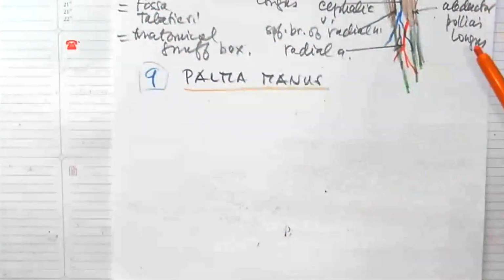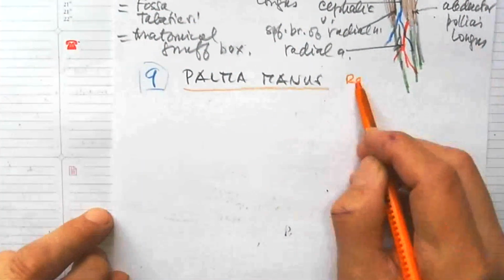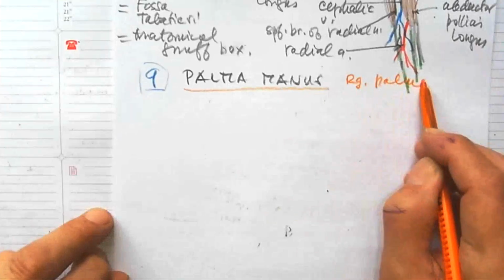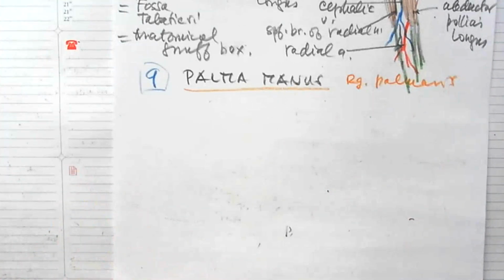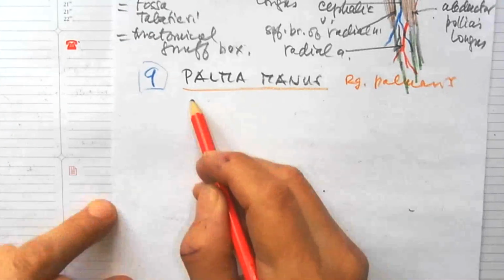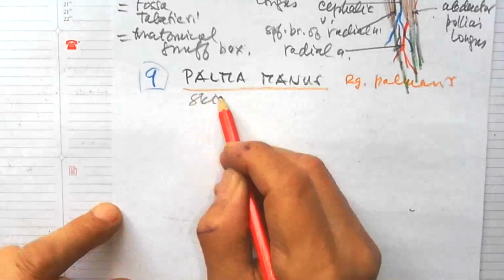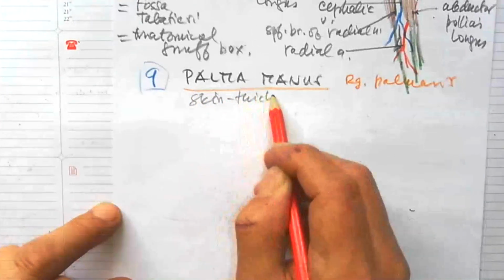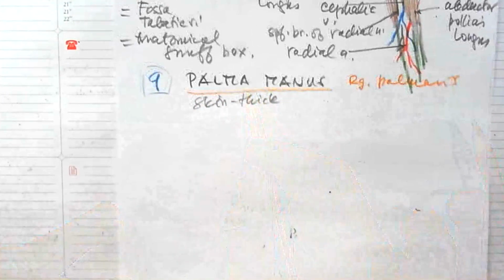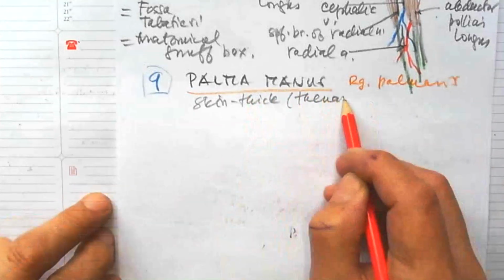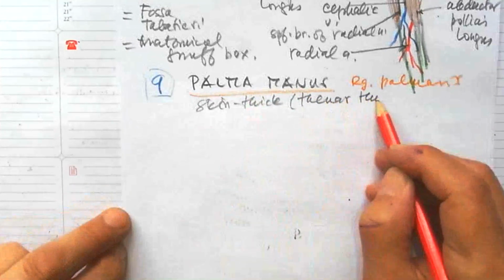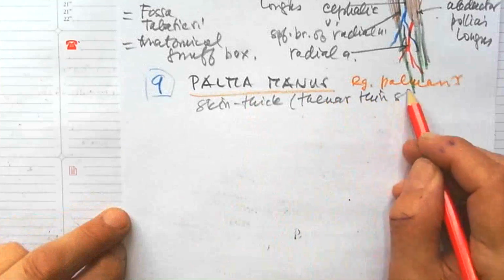Palma manus is also called regio palmaris. The skin is relatively thick, with the exception of the thenar, which is covered by thin skin.